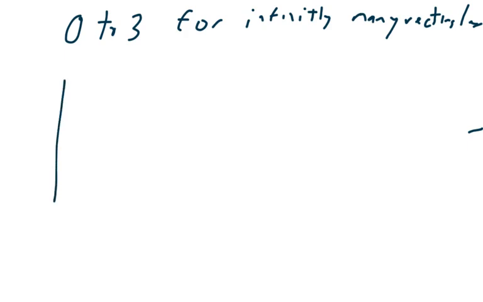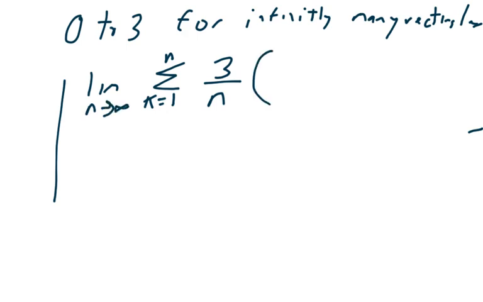So when I do this, we'll think back to the old problem. In order to get the width of each of the rectangles, I did 3 divided by 6, which means this time I'm going to do 3 divided by n. Now I'm going to add up infinitely many rectangles, which means that we're going to have the limit as n goes to infinity. Then I have to figure out what each of the heights is.